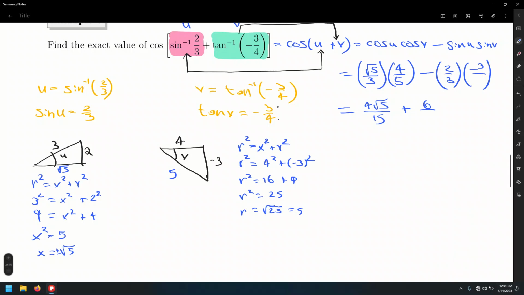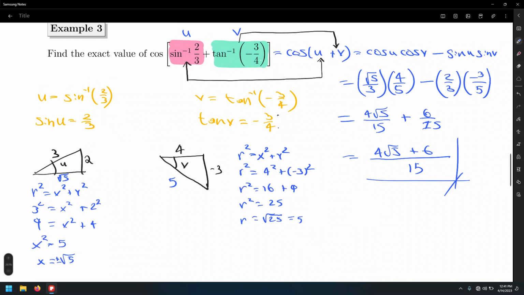Oh yeah, that's a 5 actually. So that'll be 4 root of 5 plus 6, the 6 is outside of the radical, everything divided by 15. And that's another example using the sum or difference formulas under different settings, for which we need to prepare some values here, some angles actually, before we can find the values of them.